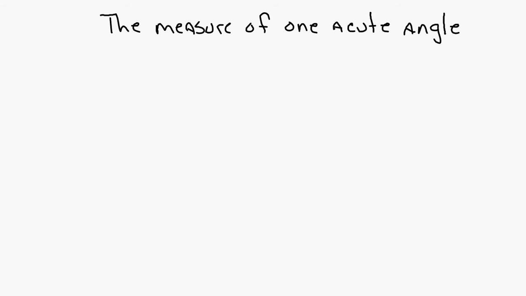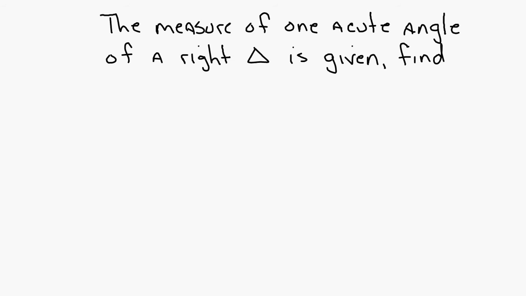Let's say that the measure of one acute angle of a right triangle is given. Find the other.